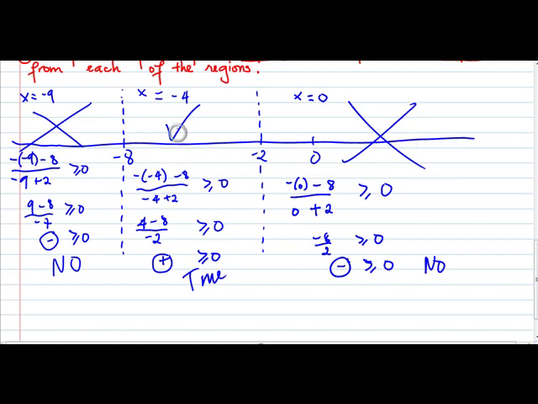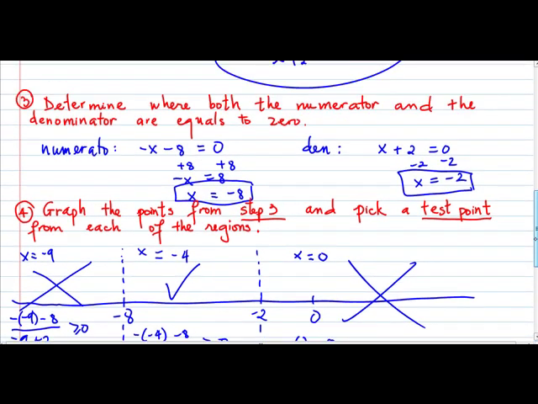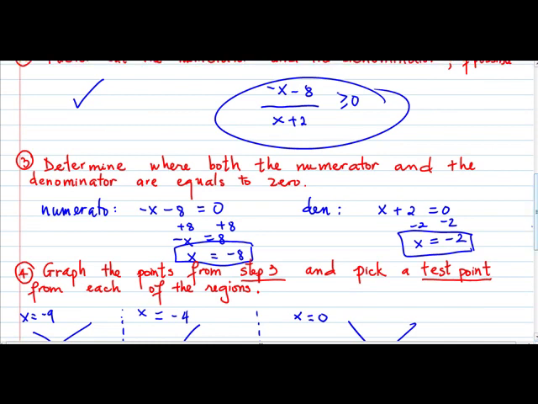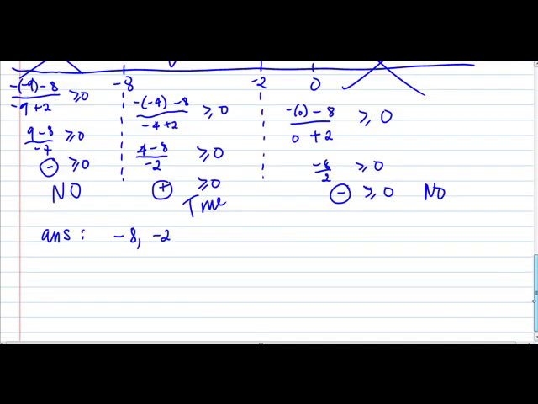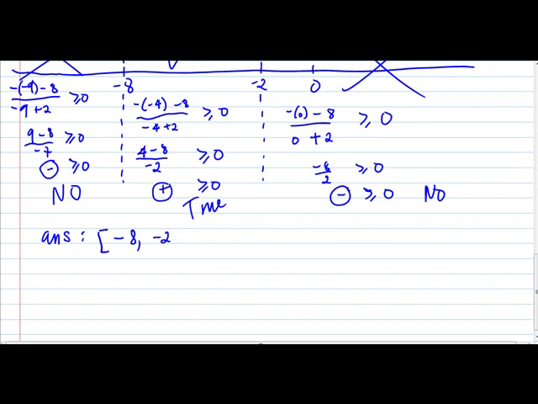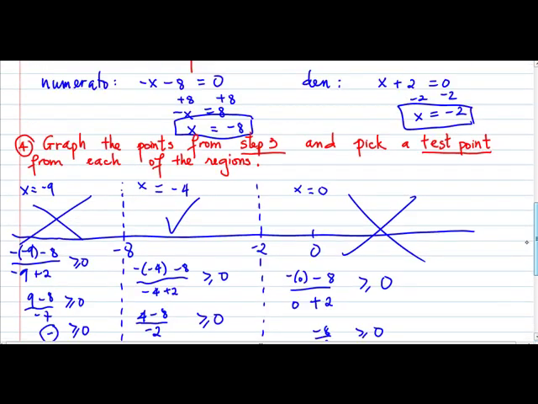So now our answer is right here: from minus 8 through minus 2. Because the expression can be equal to 0, I have a bracket at minus 8. At minus 2, it's really tricky.